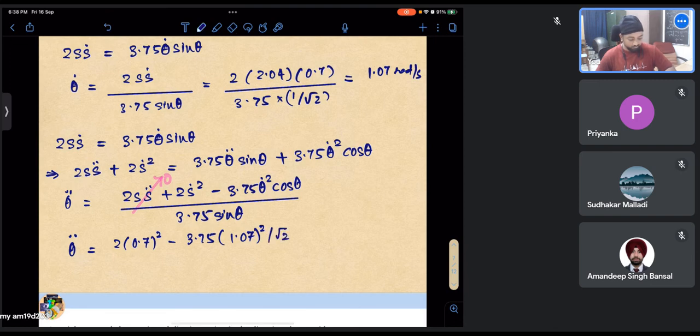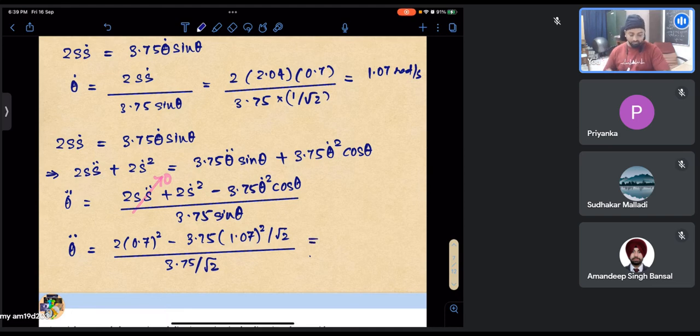So it comes out to 0.78 radians per second squared. I urge you to solve it along and point out if there are any calculation errors. I hope not. I'll just verify it once again.